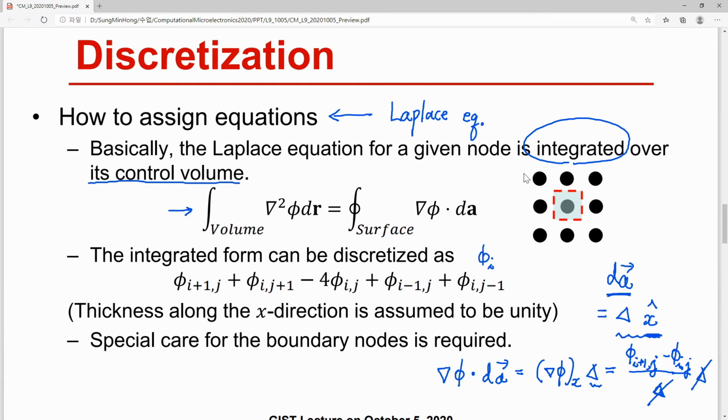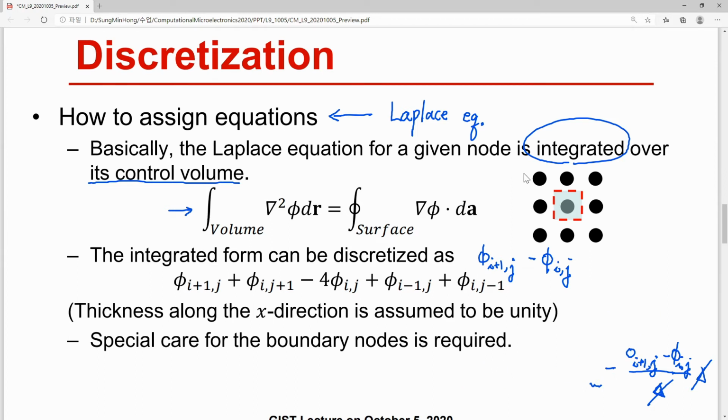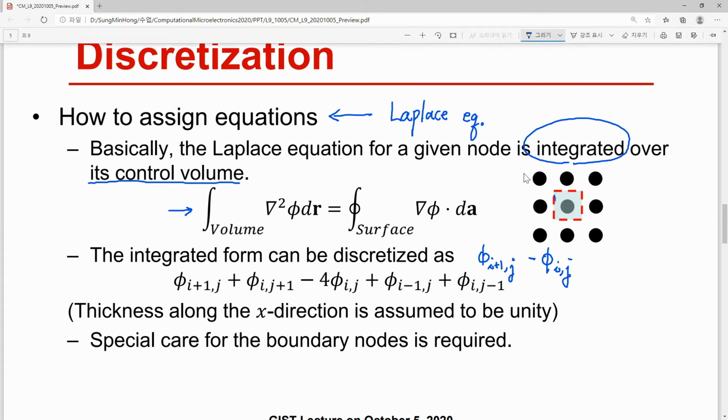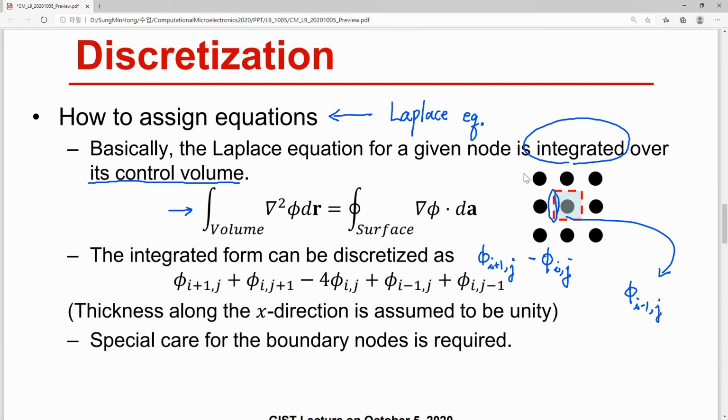phi i plus 1 comma j minus phi i comma j. Then what will happen to the other surfaces? For example, if we consider the left surface, you can easily find that this contributes phi i minus 1 comma j minus phi i comma j.